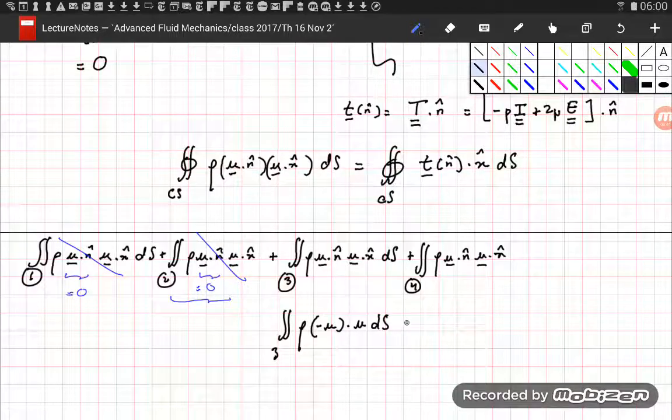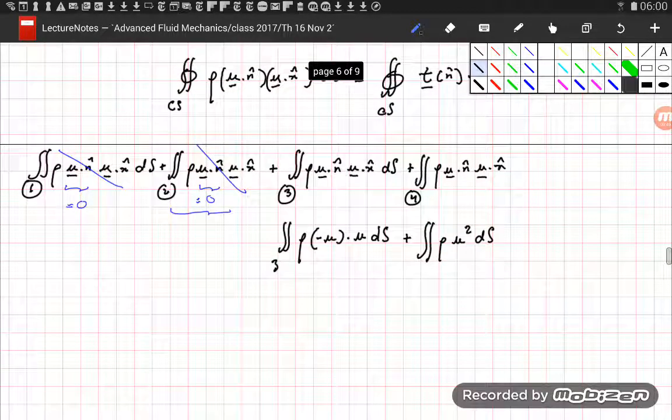And here for 4, u dot n is equal to u, so this is rho u squared ds. Now for 3, we also have to make sure we make the distinction between whether we are integrating over the nozzle or whether we're integrating over all of the area outside of the nozzle.